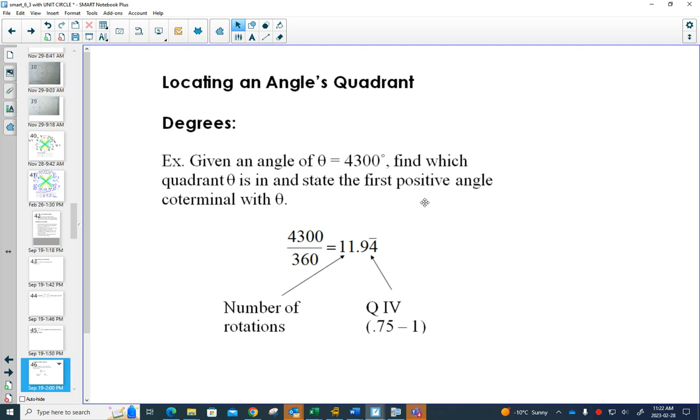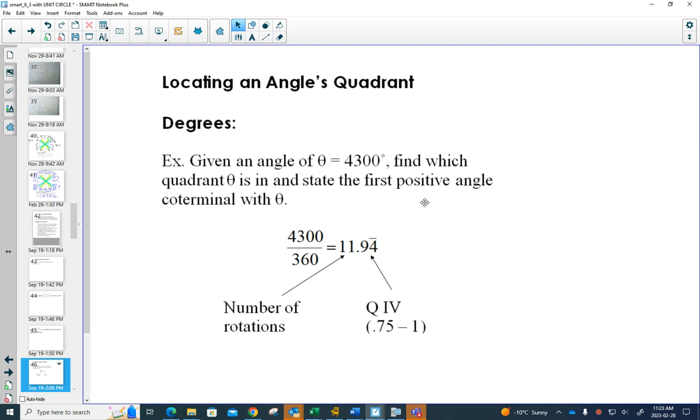Now, if you had a calculator, and this first one is done with a calculator, to figure out what quadrant 4,300 degrees is in, you could divide by 360 to find out how many rotations it has done. It comes out to 11.94. So it's 11 full times around, and then almost another full time around.